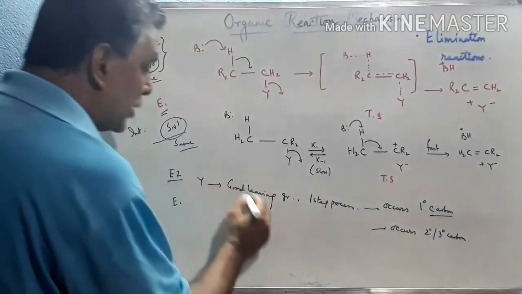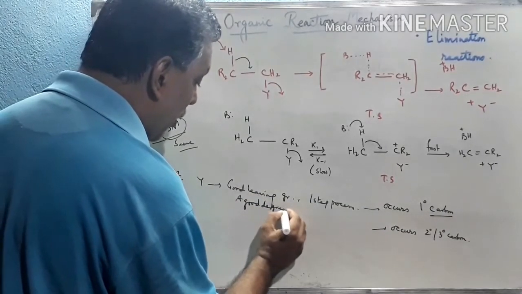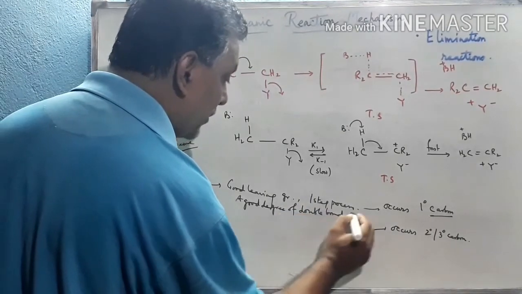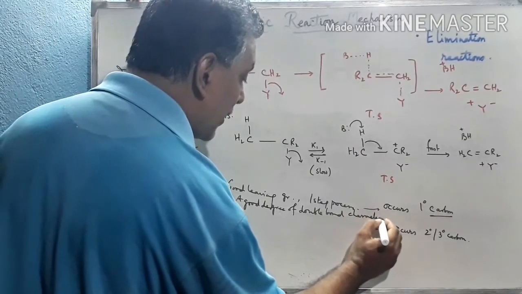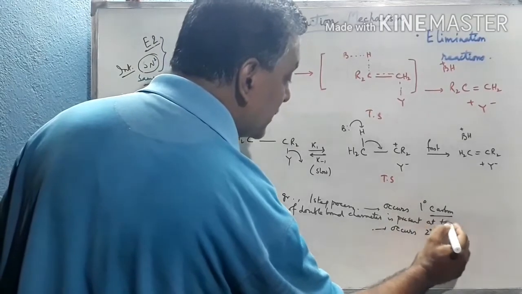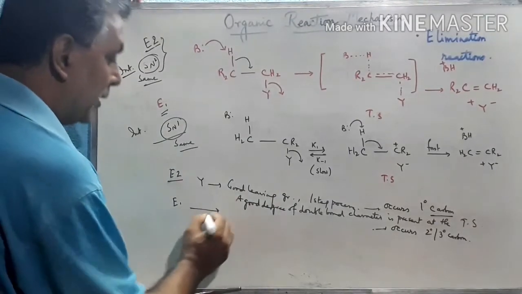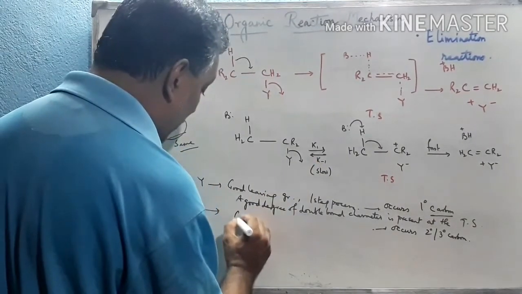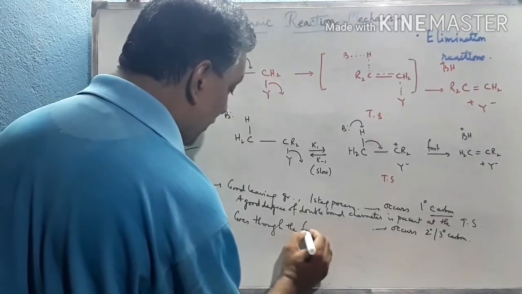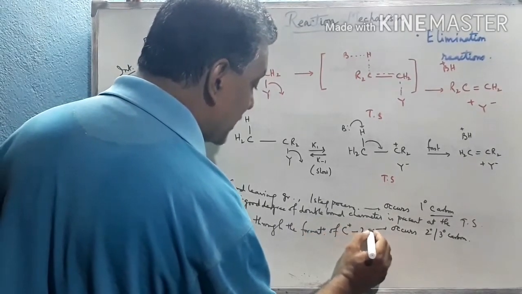So in case of E2, a good degree of double bond character is present at the transition state, but no such double bond character occurs in case of E1. It goes through the formation of a carbocation. It is a two-step process.